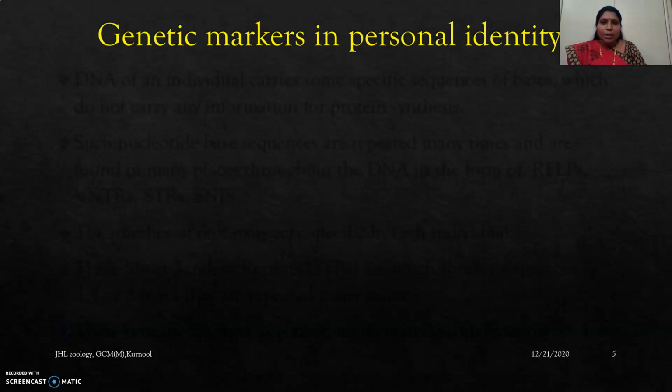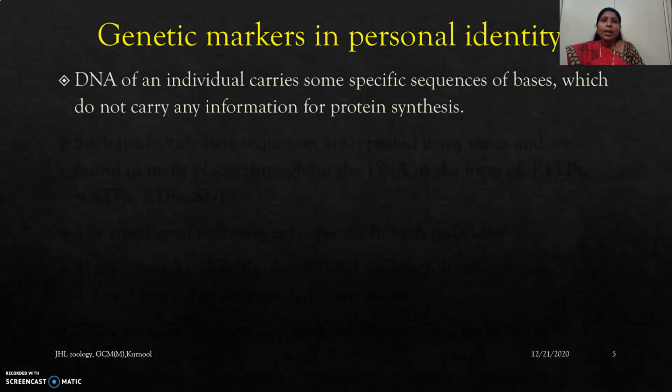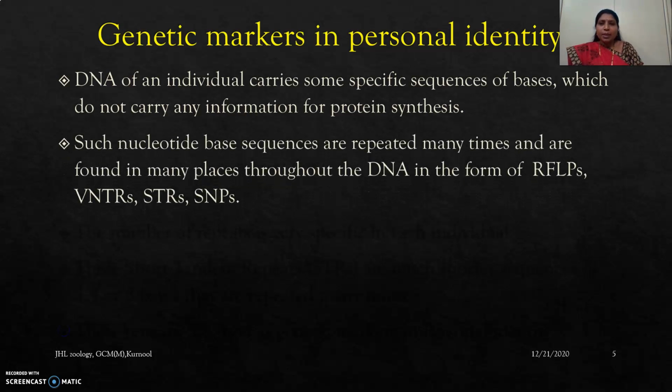Now we have to know about the genetic markers in personal identity. DNA of an individual carries some specific sequences of bases which do not carry any information for protein synthesis. Such nucleotide sequences are repeated many times and they are found in many places throughout the DNA in the form of RFLPs, VNTRs, STRs and SNPs.